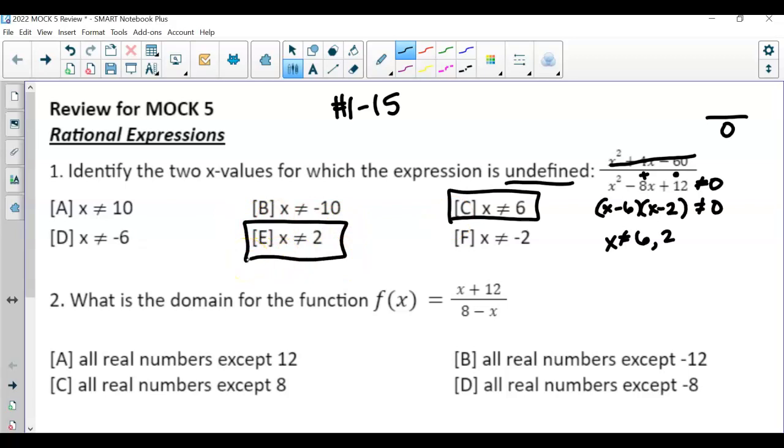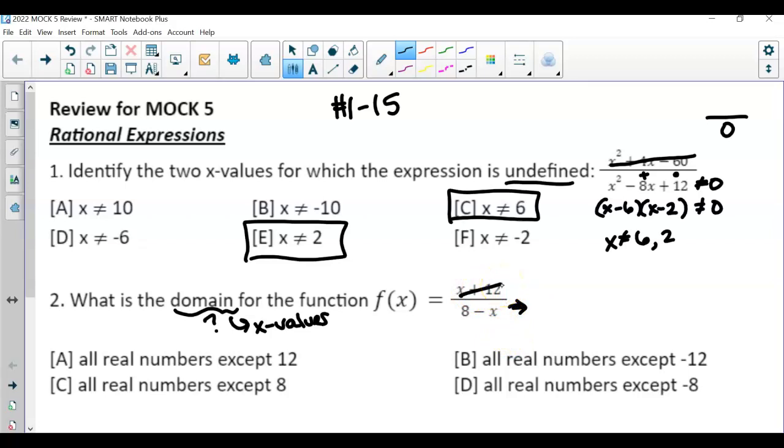Now, question number 2 is asking, what is the domain? If you're unsure about what this question is asking, look at the answer choices. Domain is the x values, and when you're looking for x values that do not exist, you're focusing on the denominator.